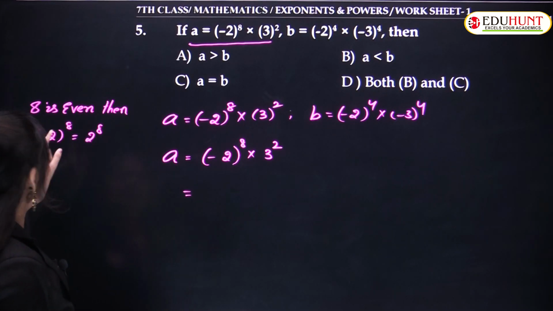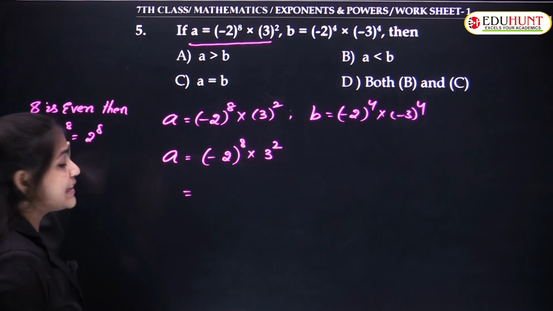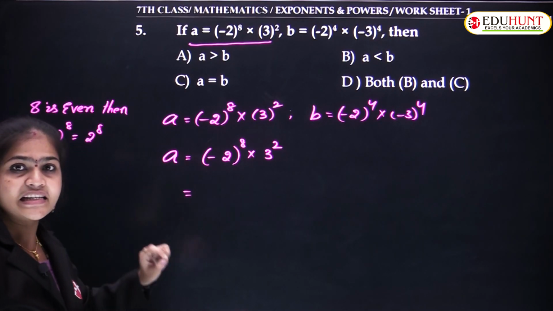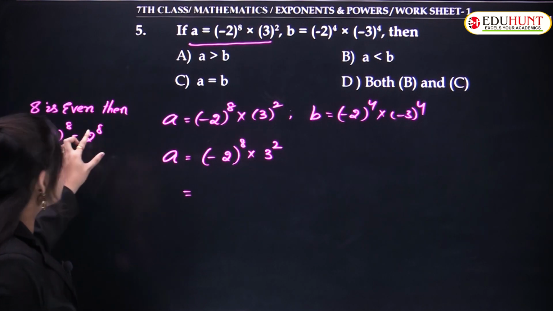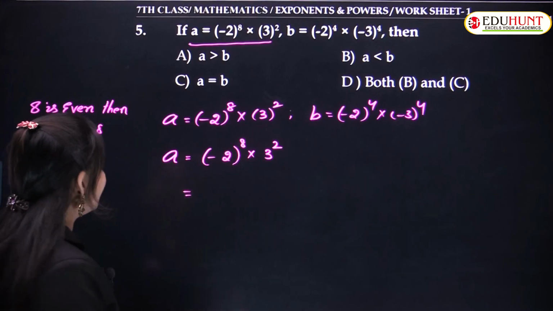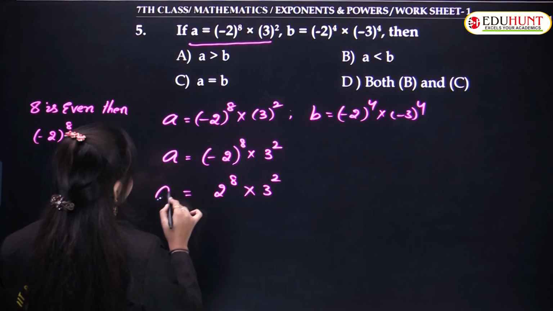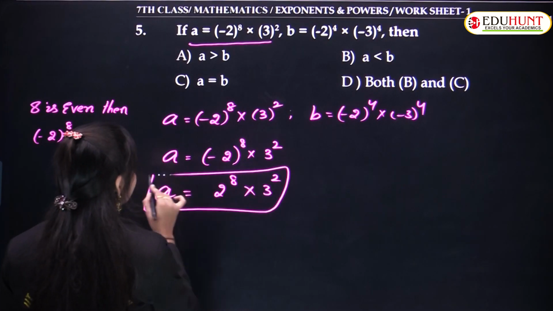Minus into minus is plus, so multiplying minus 2 by itself 8 times gives a positive. So that is 2 power 8 into 3 square. This is the value of A here.